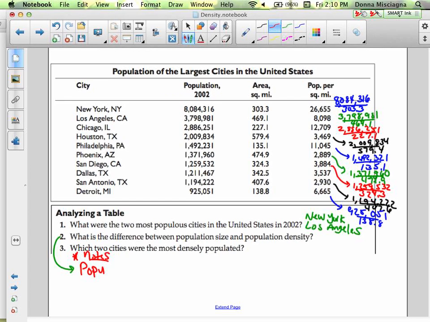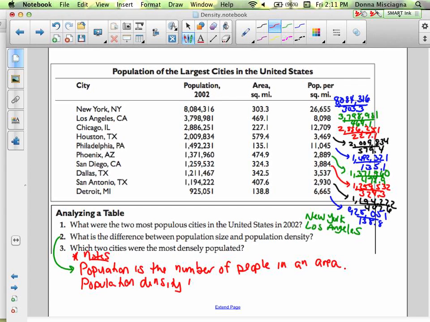Even if you don't need to write down the whole table, just write down that population is the number of people in some defined area. The population density is the number of people per square measure.